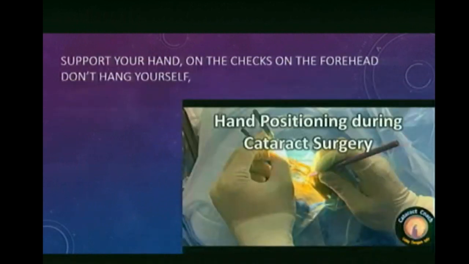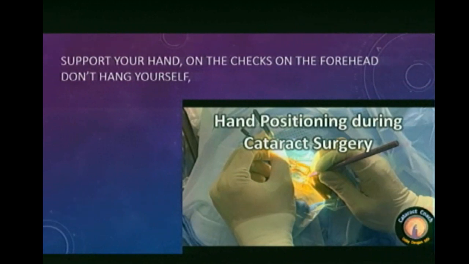Another point, when you sit and you adjust everything, these 3 things, the table, the chair, and the microscope, you should adjust your hands. One of the most common things we notice while watching others doing surgery, especially beginners, is that they do not support their hands. They keep their hands just flying in the air and try to go inside the eye while the hands are in the air.